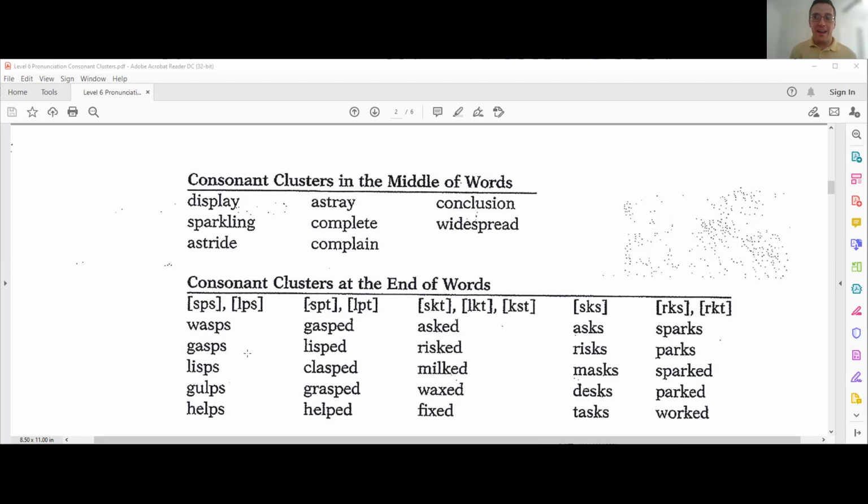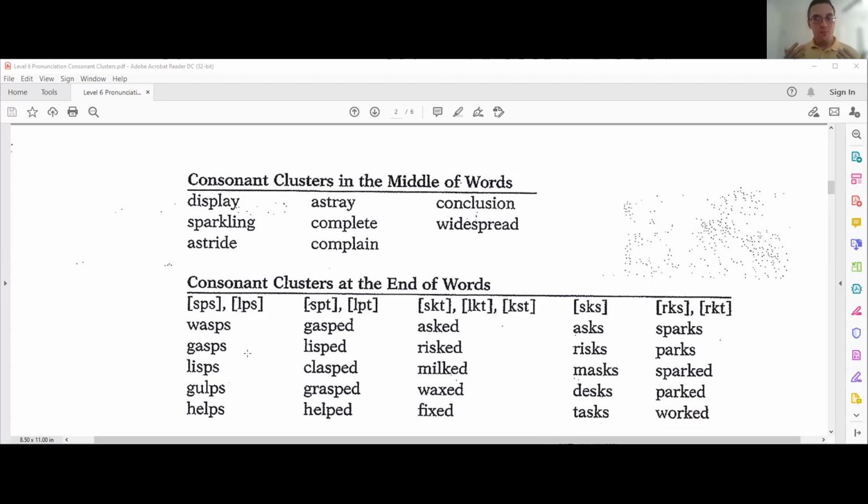We also add the S sound when we are talking about present tense verbs for he, she, or it. So I ask a question, but he asks a question. And we also add a consonant sound for past tense verbs.